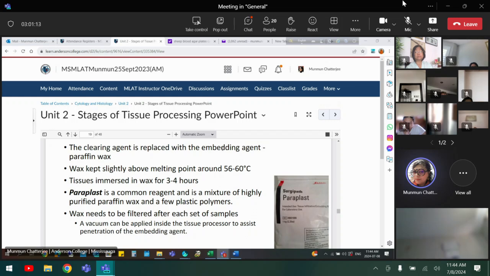So for waxing, you have to keep the paraffin wax at the melting point, which is around 50 to 60 degrees centigrade. Then you are going to immerse the tissue in the liquid wax for 3 to 4 hours. What is the common paraffin wax we use? It is called Paraplast. It's a common reagent and is a mixture of highly purified paraffin wax and plastic polymers.